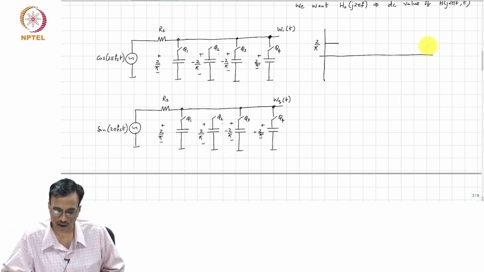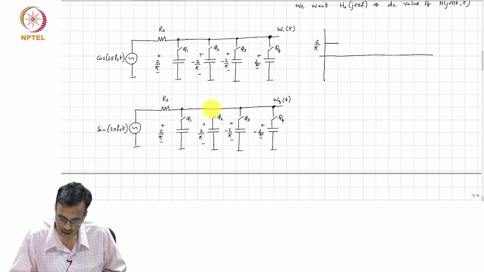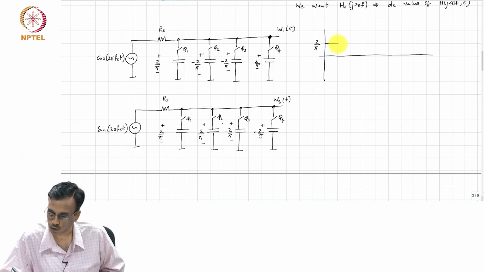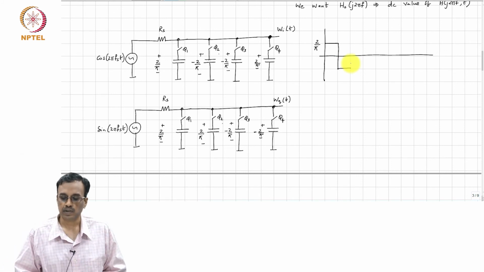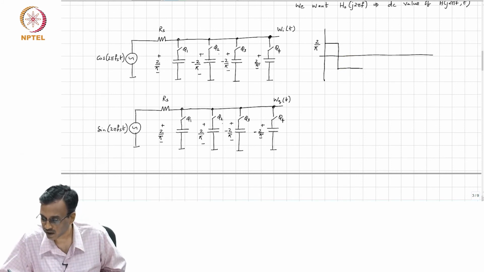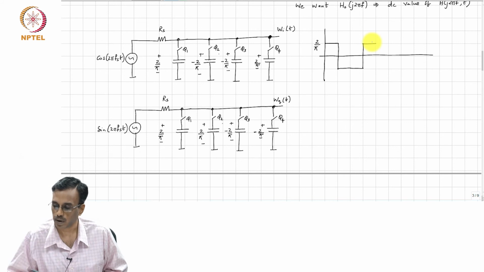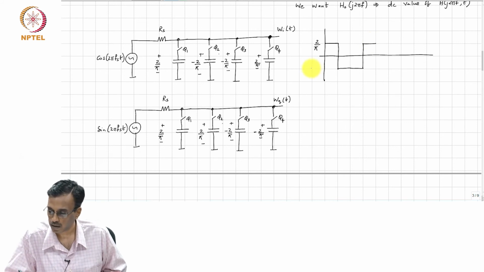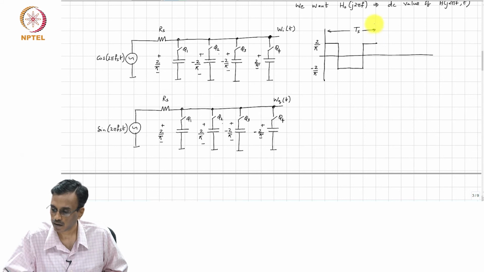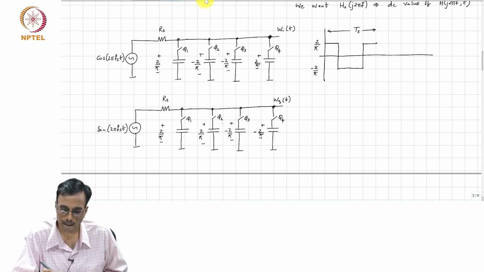For the next quarter cycle, it will be minus 2 by pi. For the third quarter cycle, it is going to remain minus 2 by pi, and for the fourth quarter cycle, it is going to be 2 by pi. And this is Ts. Does it make sense?